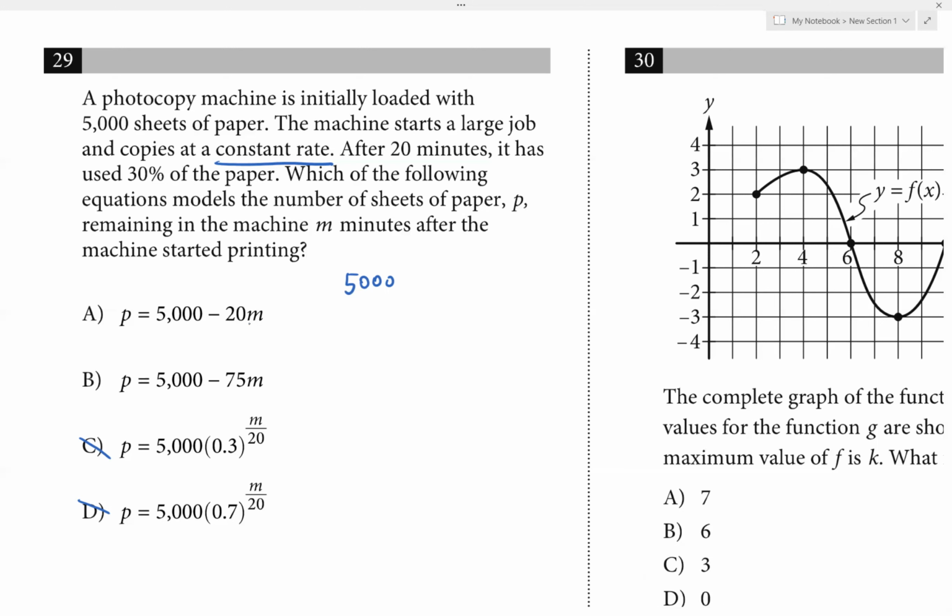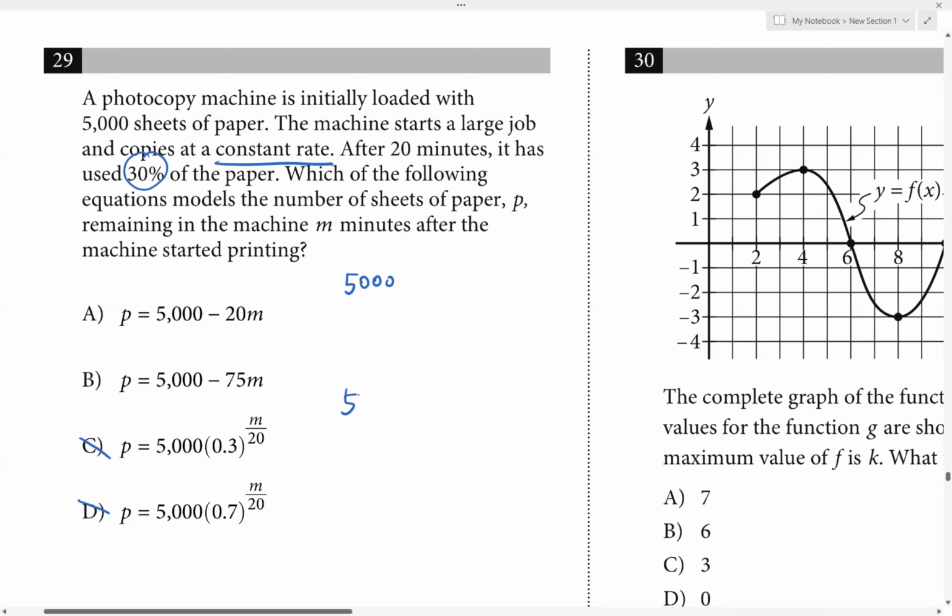The slope in this case, where n is the number of minutes, must be the number of sheets of paper that we use per minute. That's the rate. So what we can do is say in 20 minutes, you use 30% of the paper. How many sheets is 30% of the paper? Here we have to do a little calculation.